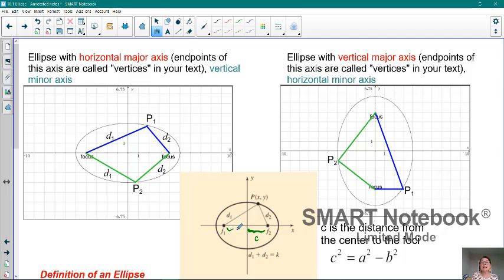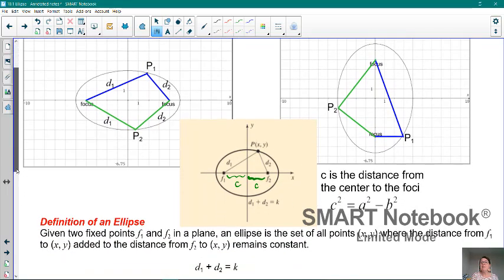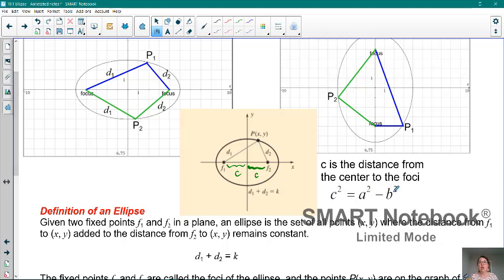Now, not c as in center, but c as in c squared equals a squared minus b squared. Now, no, I haven't lost my mind and forgotten the Pythagorean theorem. I encourage you to look in your book to see this development. But a squared and b squared will be the denominators of your ellipse equation.